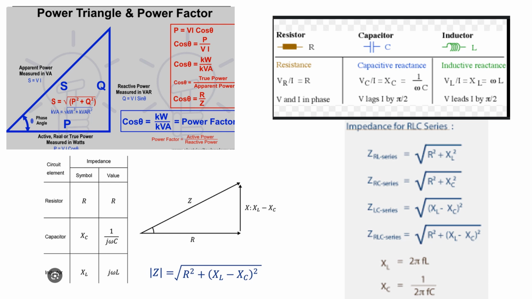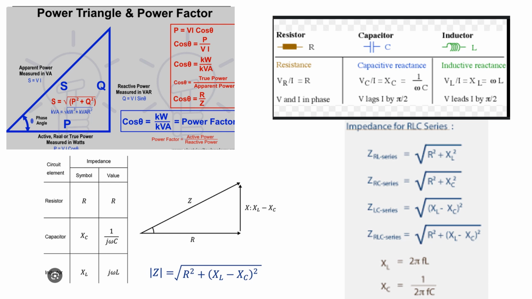Suppose θ is the angle formed between the hypotenuse and the base. VI is the hypotenuse, so VI cos θ will be the base and VI sin θ will be the opposite side. VI sin θ represents the reactive power, and active or real or true power is given by the base, which is VI cos θ.